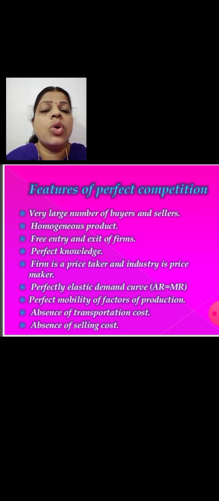If we want to sell our products, we normally have to advertise them, and there are costs involved in the sale of commodities. Here, in perfect competition, there is an absence of selling cost. So these are the various features of perfect competition.